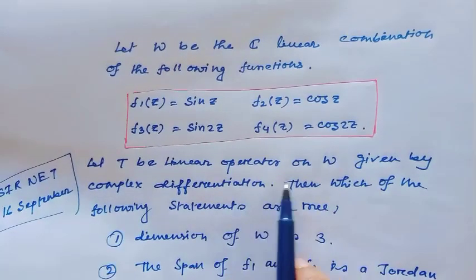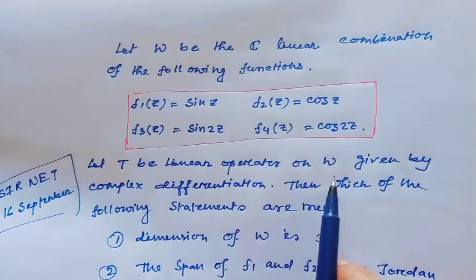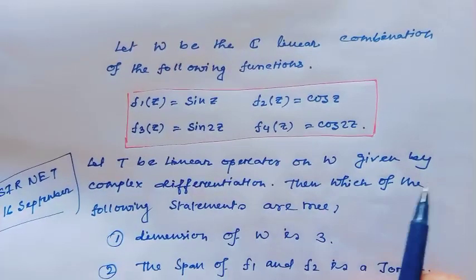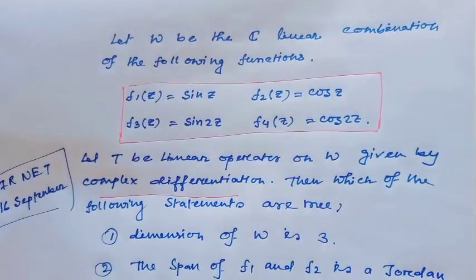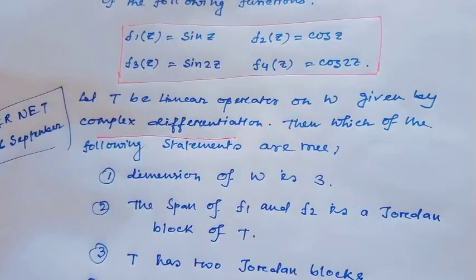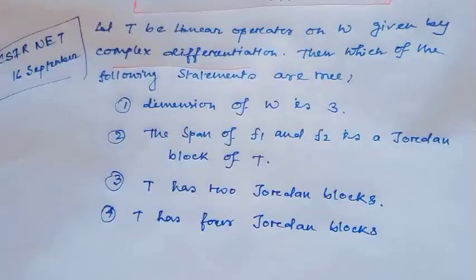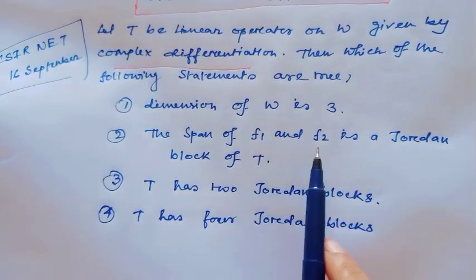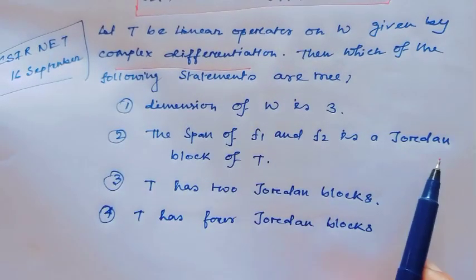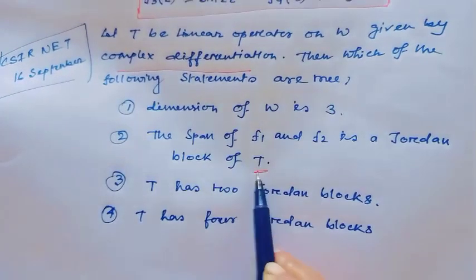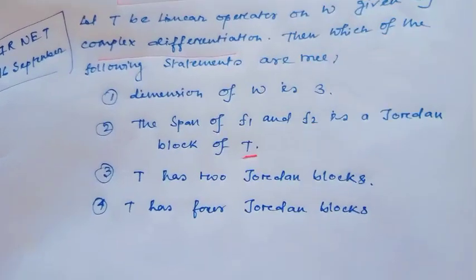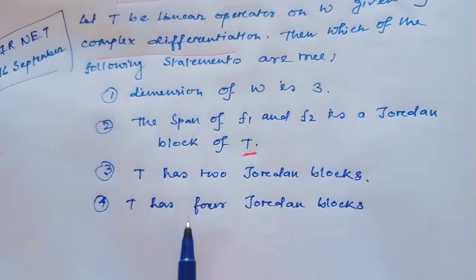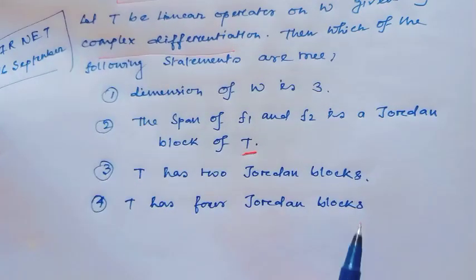Consider T to be the linear operator on the subspace W given by complex differentiation. Then which of the following statements are correct? Option 1, dimension of W is 3. Option 2, span of f1 and f2 is a Jordan block of this linear transformation T. Option 3, T has 2 Jordan blocks. And option 4, T has 4 Jordan blocks.